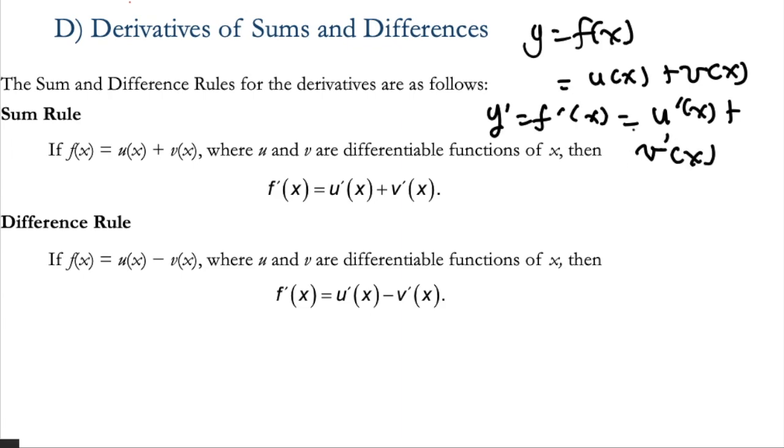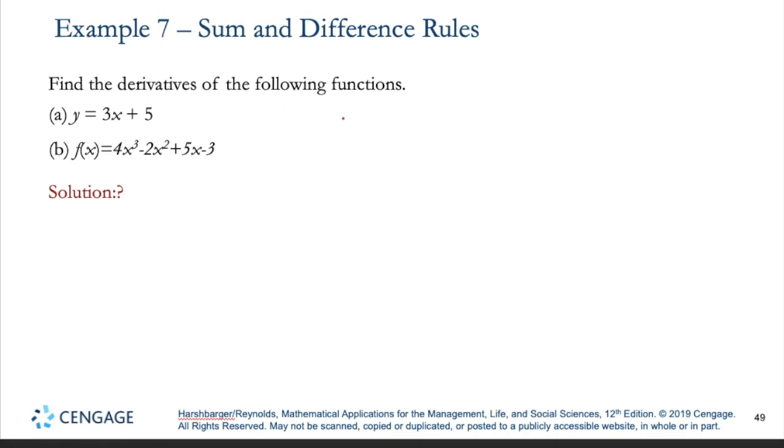You just differentiate as usual. But if it is minus, then simply change it to a minus sign here. That's it. Then we have the difference rule. Now, why don't we look at the example here? This example, sum and difference rule. Let's look at example A. In example A, you have y equivalent to 3x plus 5.